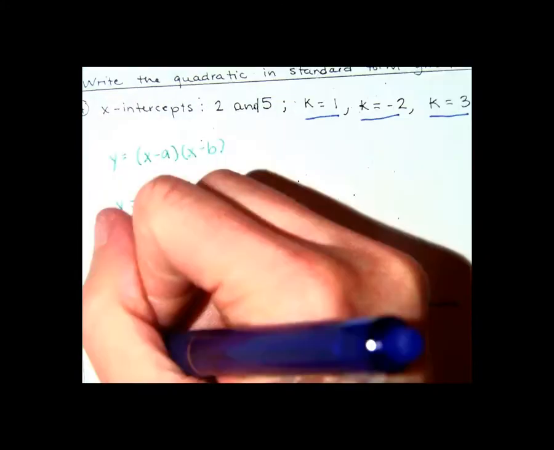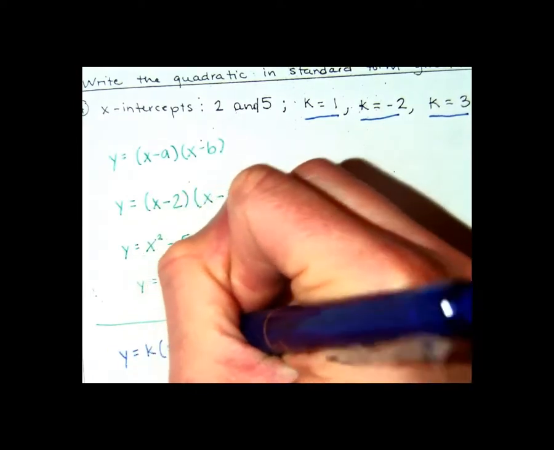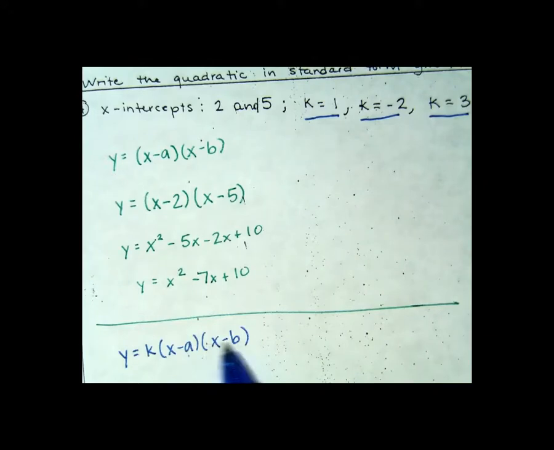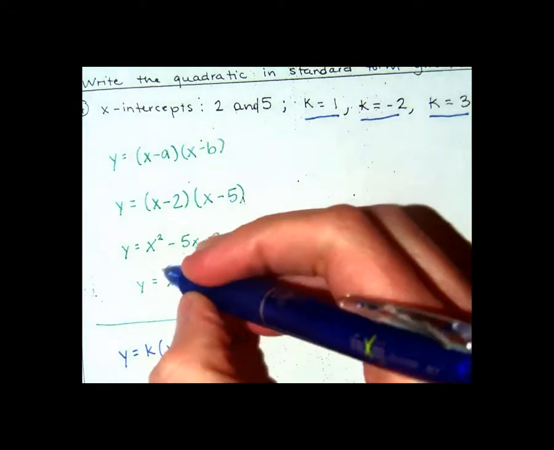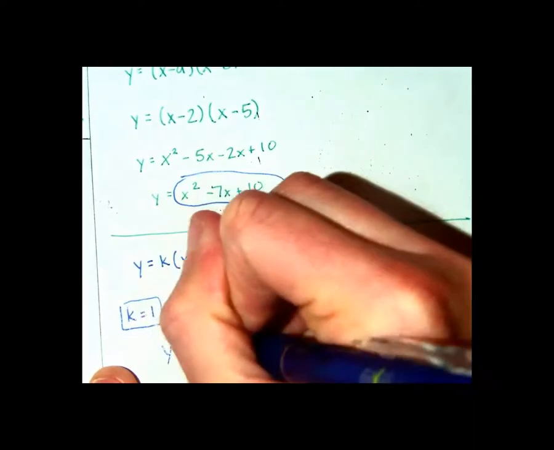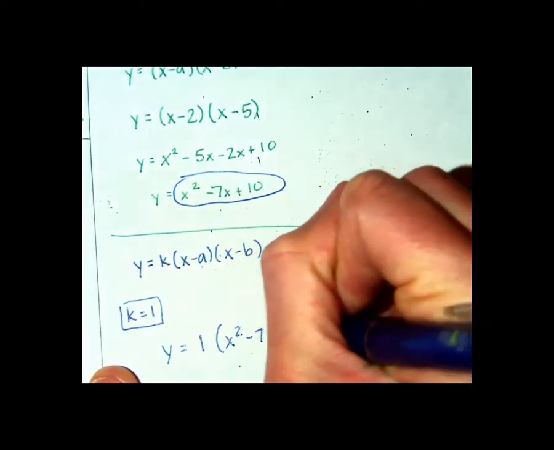K is actually right in front. I already found out what this combined is. It's right here. So for each of these, when k equals 1, I'm going to put a 1 outside and what I found out in parentheses.